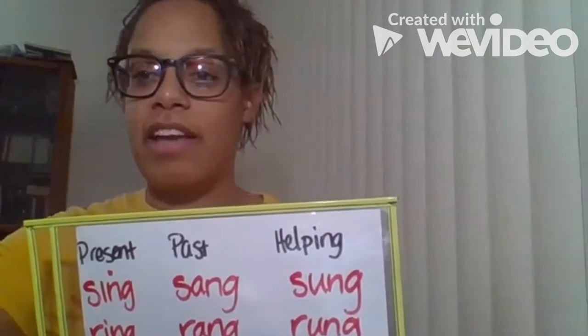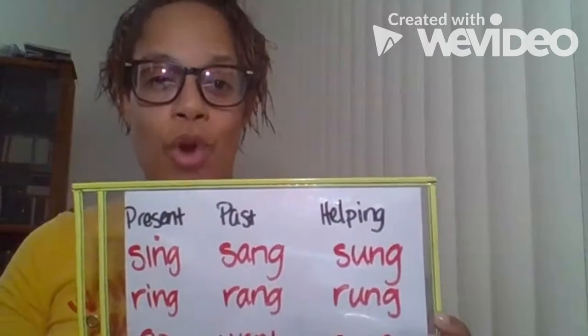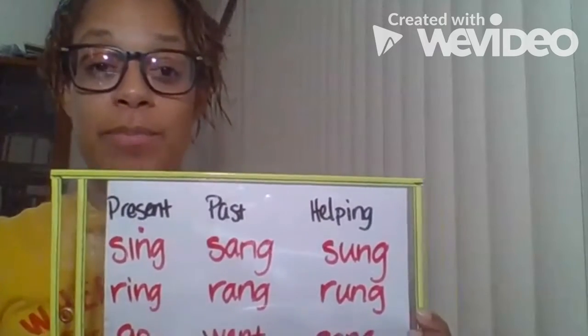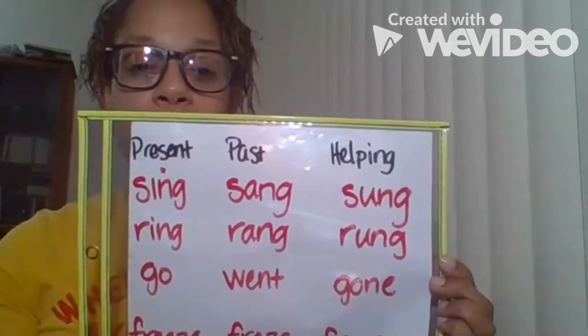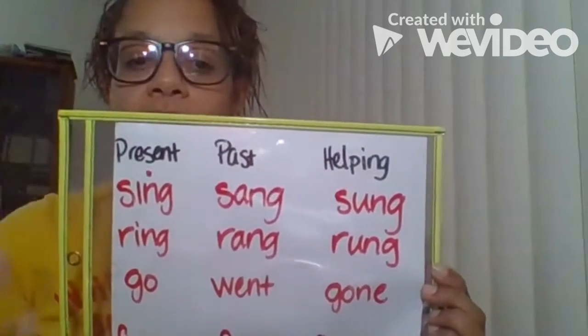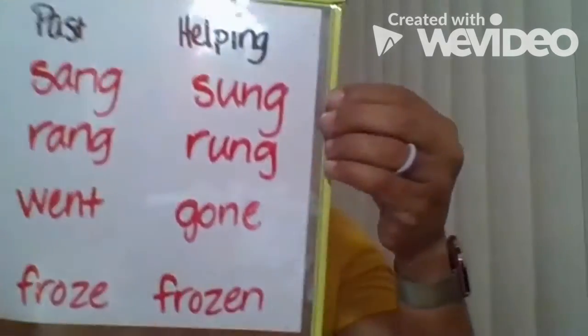Now, you may be thinking, none of these make sense or they sound wrong. If you are, that's because these verbs need helping verbs to help show the action. So let's correct our sentences.